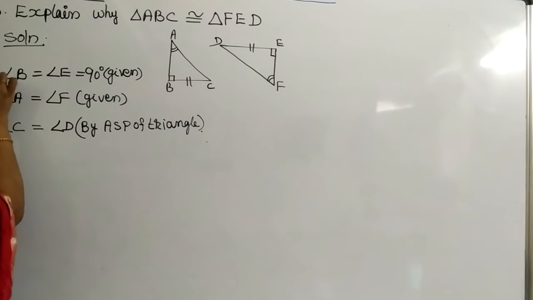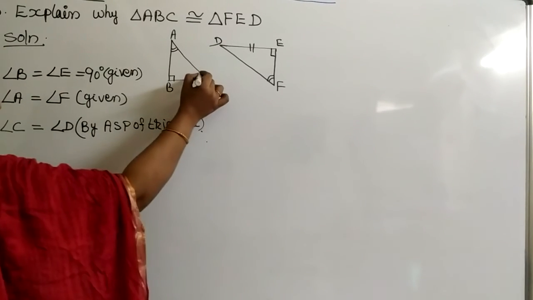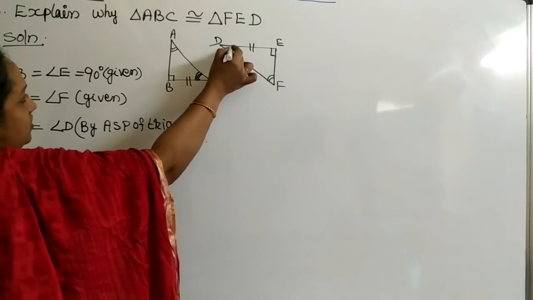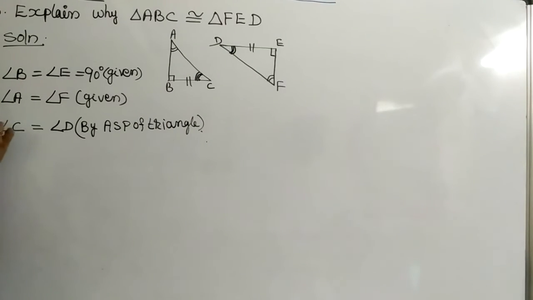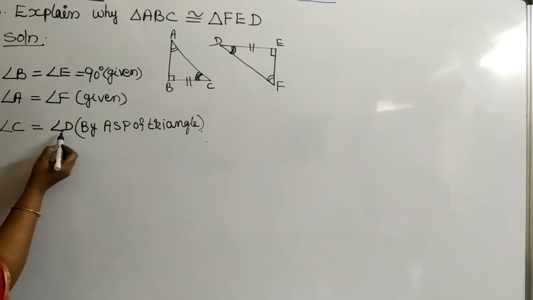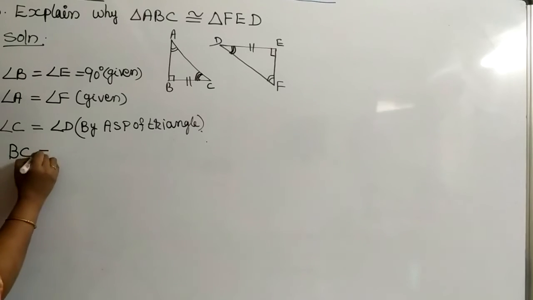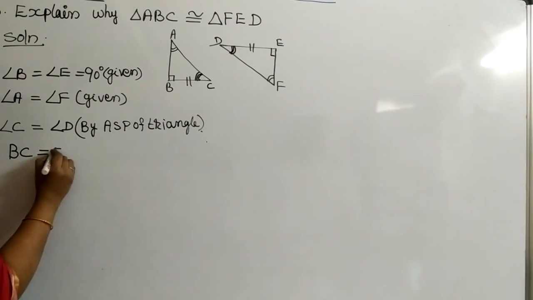So we are using, this one condition is angle B equal to angle E, and the angle we found, this is equal to this angle. So we are using the second condition, angle C equal to angle D, and it is also given side BC equal to here the side ED.